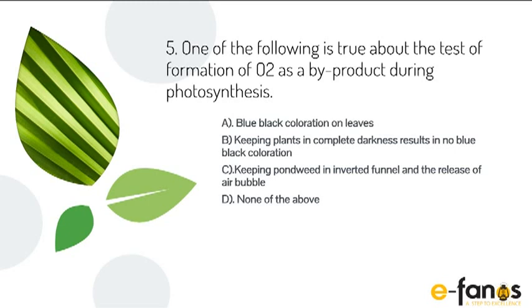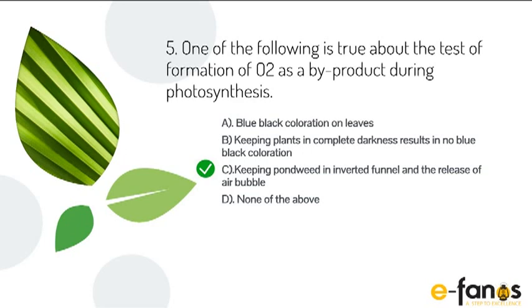Is it A, blue-black coloration of leaves, B, keeping plants in complete darkness results in no blue-black coloration, C, keeping pondweed in inverted funnel and the release of air bubble, or D, none of the above? And the correct answer is C, keeping pondweed in inverted funnel and the release of air bubble.